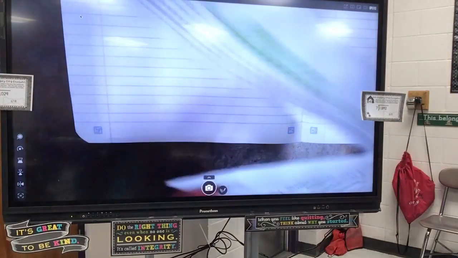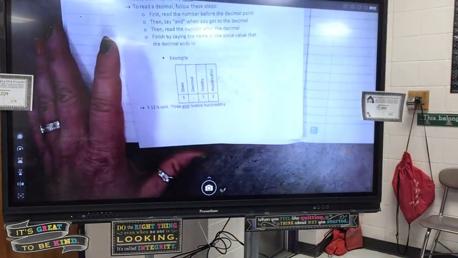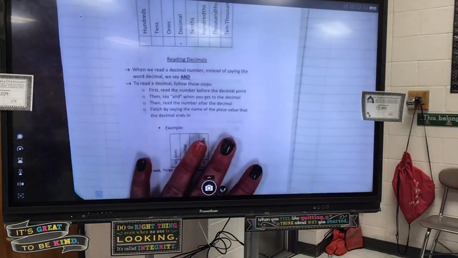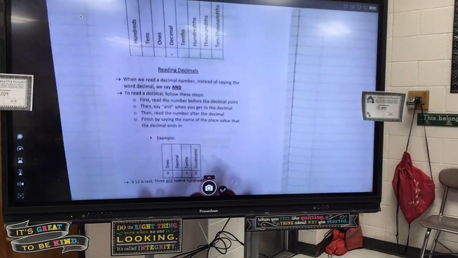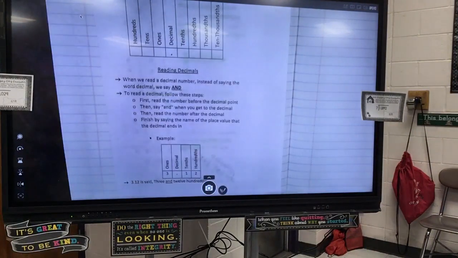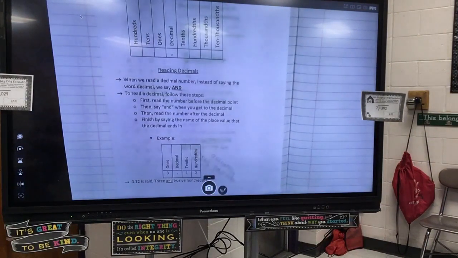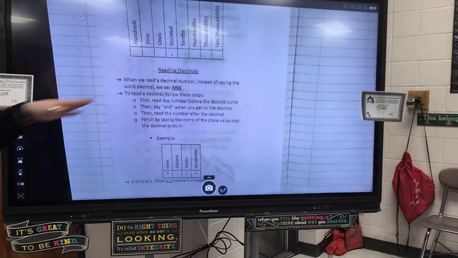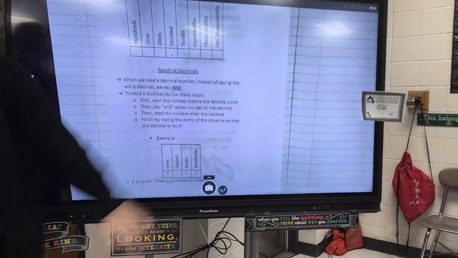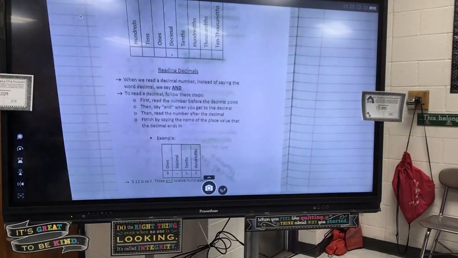Go ahead and flip it over real quick. How many of you guys sometimes struggle with your decimal places and remembering what the name of that decimal place to the right is? Okay, so that's what this little cheat sheet is in a way. We went to the 10,000 just because we won't be dealing with numbers bigger than that usually.